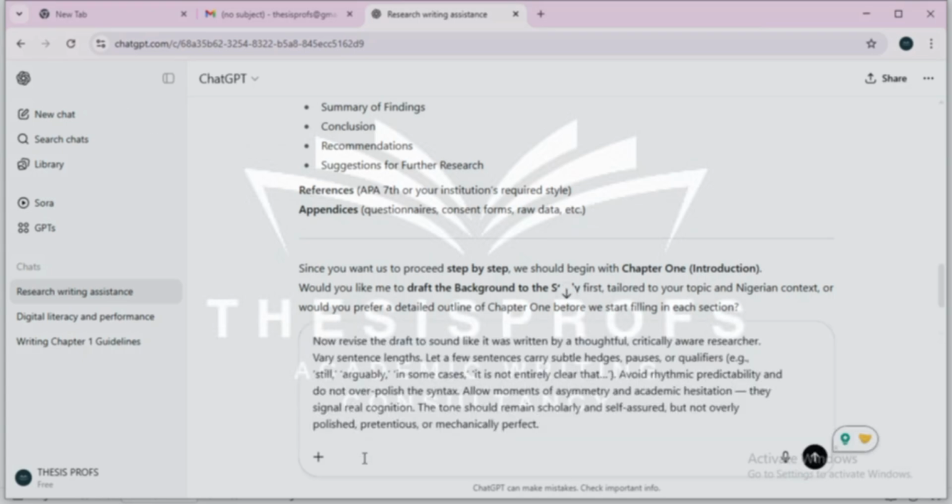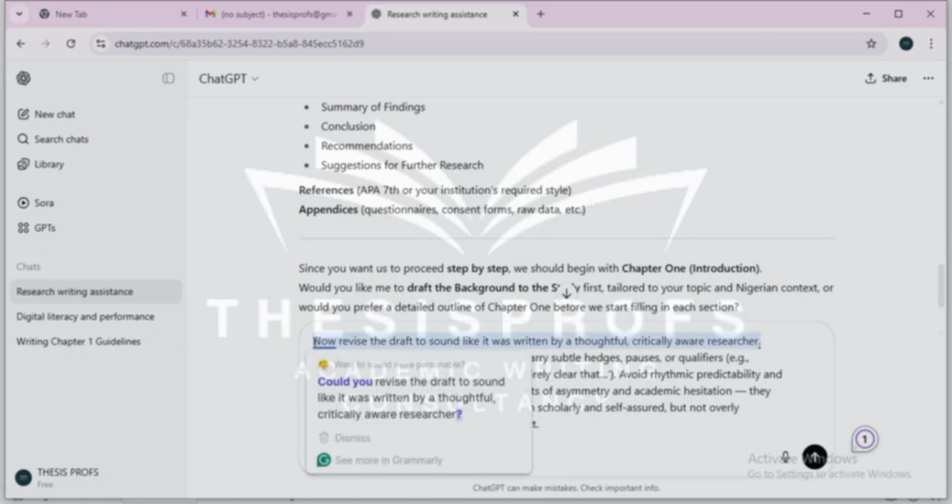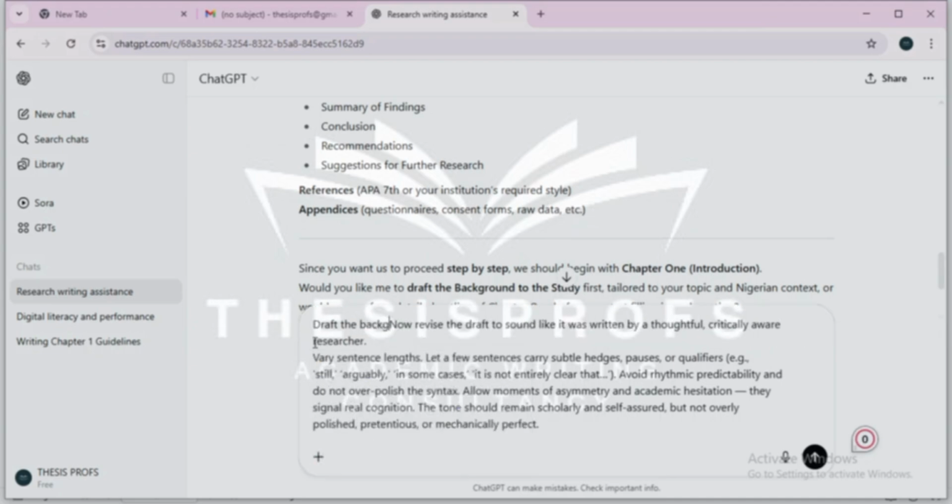So don't forget, it has already asked me, would you like me to draft the background to the study first, tailored to your topic and the Nigerian context, or would you prefer a detailed outline of chapter 1 before we start filling each of the sections? Now it has already provided a detailed outline for me, so I'm going to say draft the background to the study.